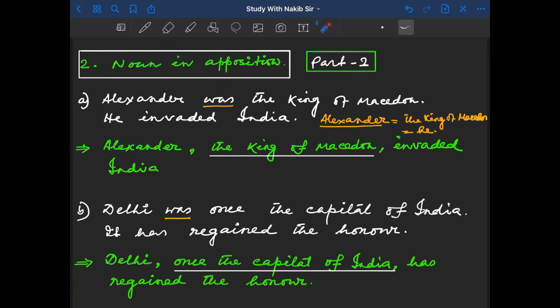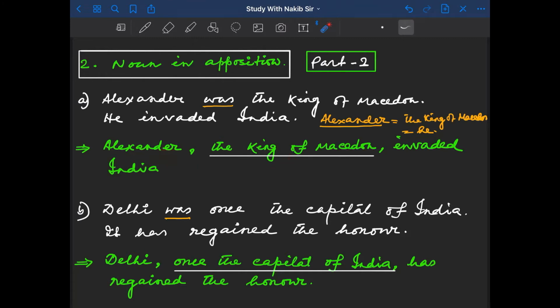Now come to understand what a noun in apposition is. See, the king of Macedon is a noun. Noun means a noun phrase. So noun phrase is equal to a noun. So it is a noun and Alexander is a noun. These two nouns are set side by side. Here the second noun is being used as an adjective of the first noun. The second noun is describing the first noun.